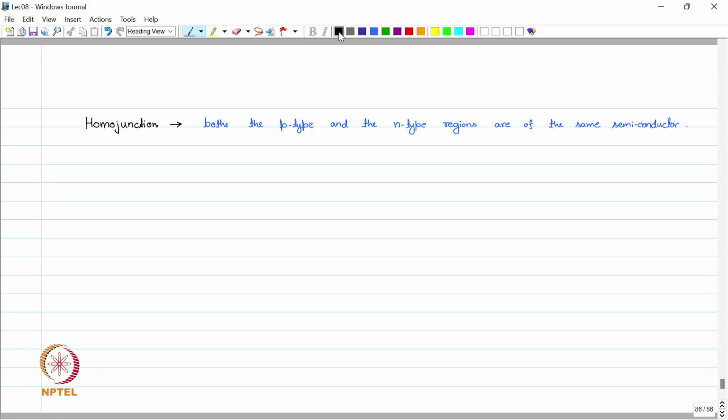So in a homojunction, both materials are the same. In a heterojunction, the junction layers are made of different semiconductor materials.